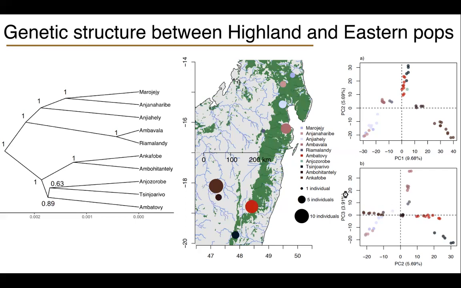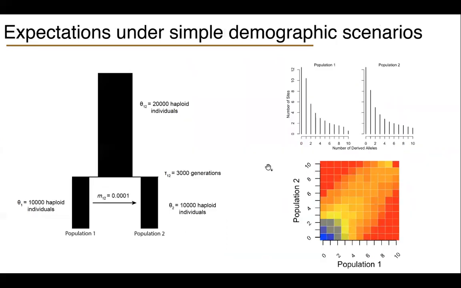the highlands. But something I like about molecular evolution is that we can often test hypotheses with probabilistic models. So, for example, given a demographic model, a fairly simple one, meaning that you can have population size change, splitting, migration, we can have expected distributions of the site frequency spectrum.